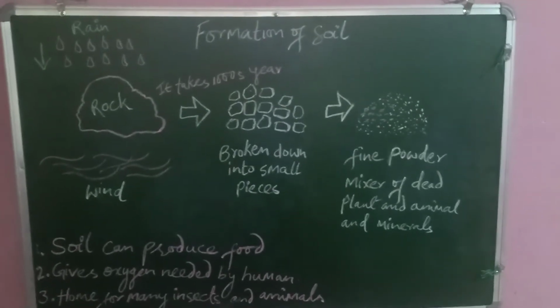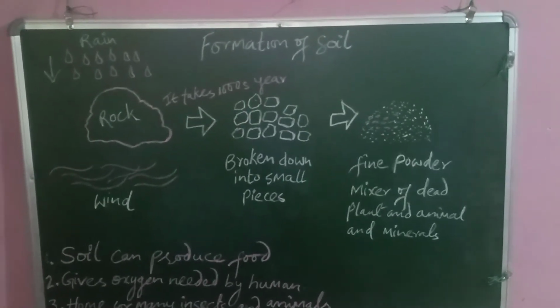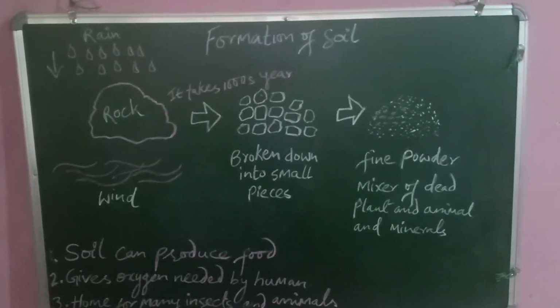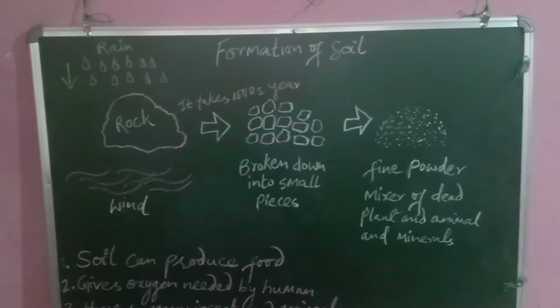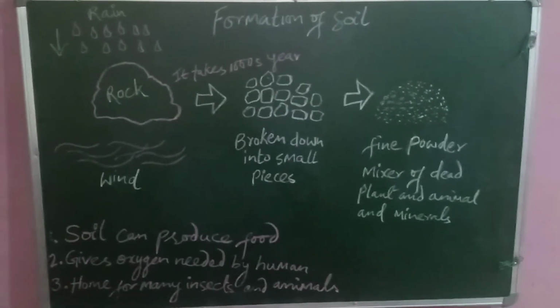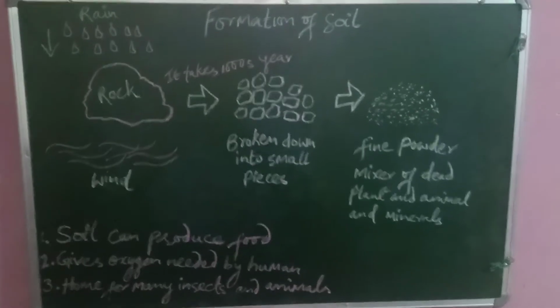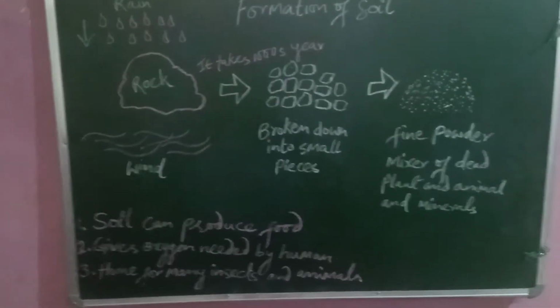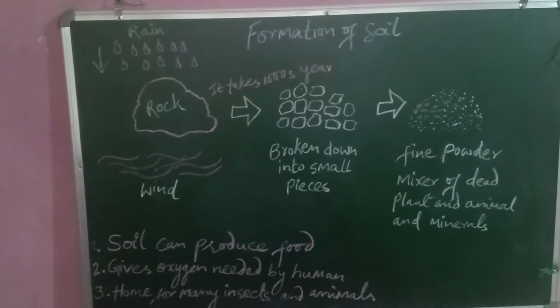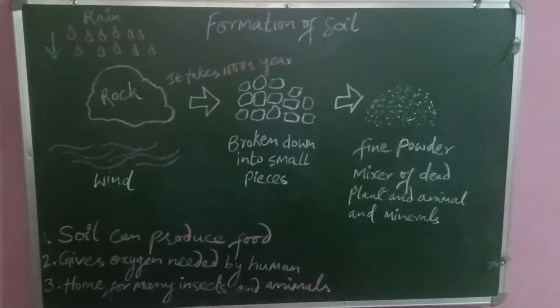Whenever the fine powder known as sand mixes with the remains of dead plants and animals, called humus, and minerals, soil is formed. Only after that do we get the fine powder mixture of dead plants, animals and minerals, which is called soil.